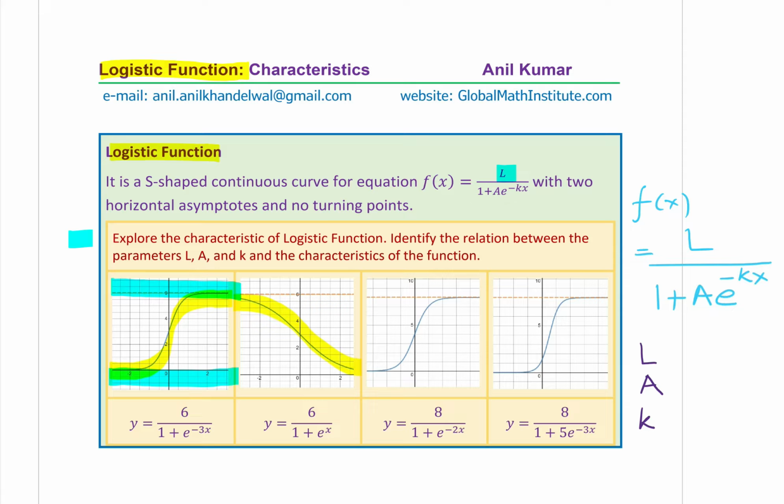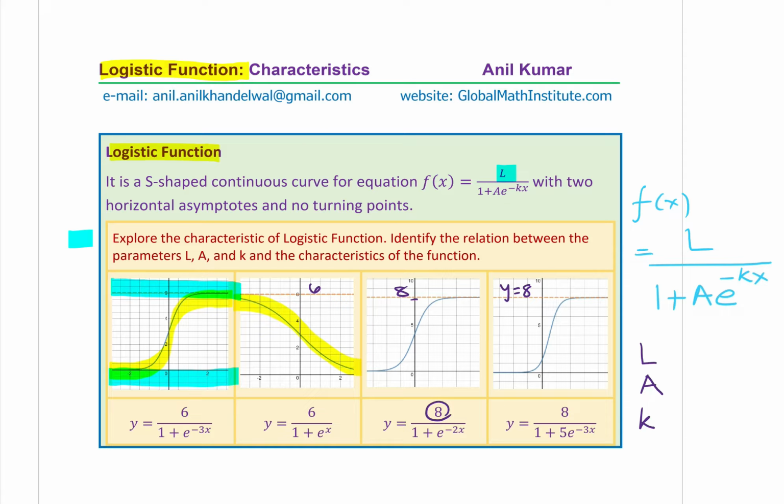You can clearly see that if this value is 8 on the top, then the horizontal asymptote is also at 8, right? So y equals 8 is a horizontal asymptote. If this value is 6, then the horizontal asymptote is 6.